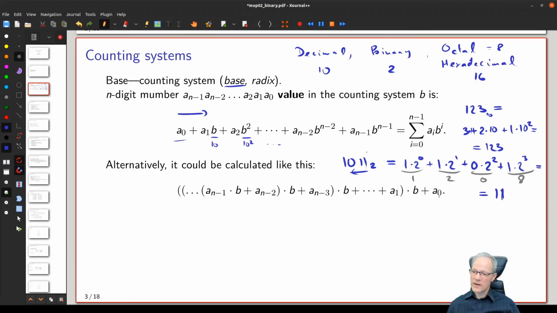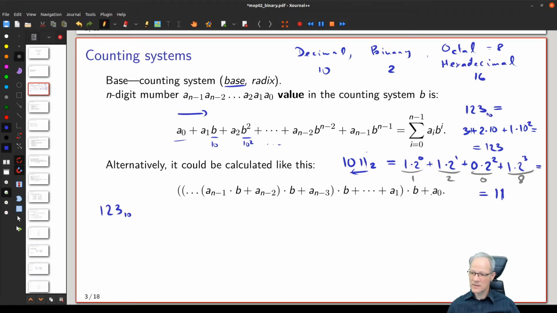Turns out we can also write the same value using a slightly different formula, right? If we were to write 1, 2, 3 in the decimal system, then we could calculate its value using this second formula.